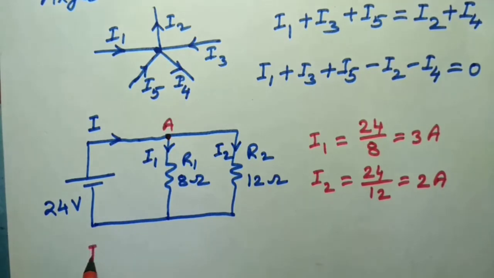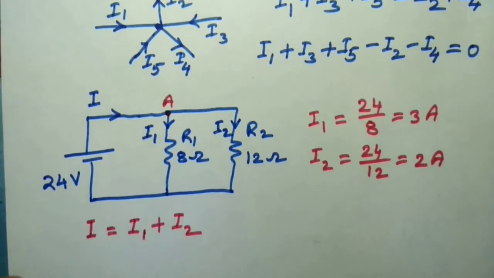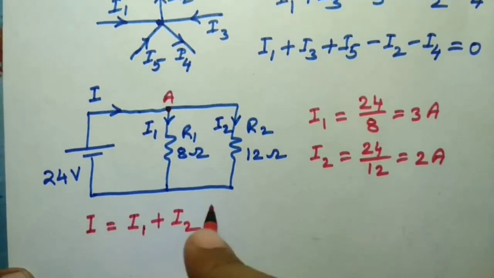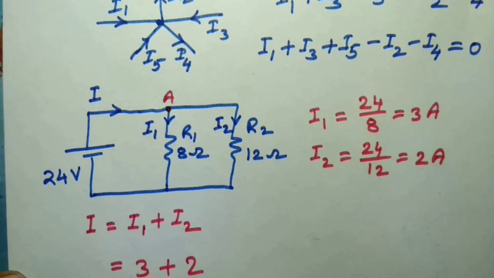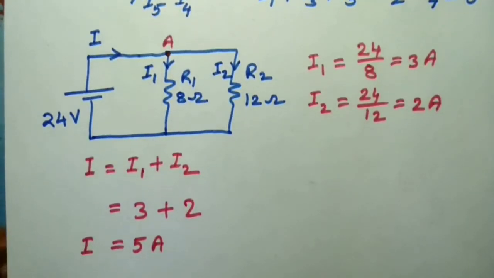So the total incoming current should be equal to the sum of the total outgoing current. So I will be equal to I1 plus I2. Now the value of I1 is 3 and I2 is 2. Therefore, the total current from the source is equal to 5 ampere.